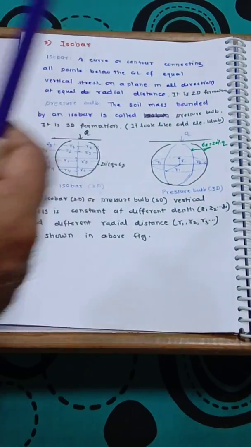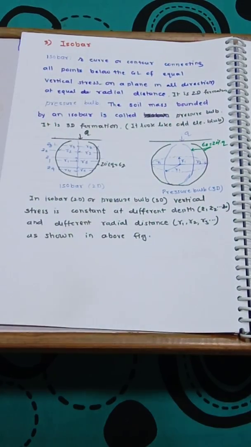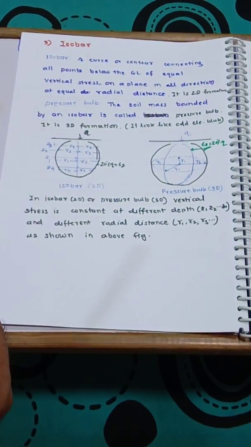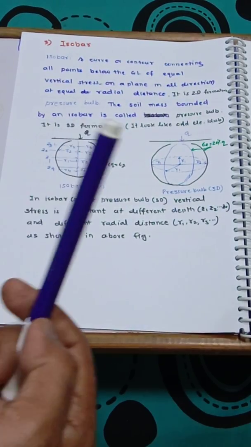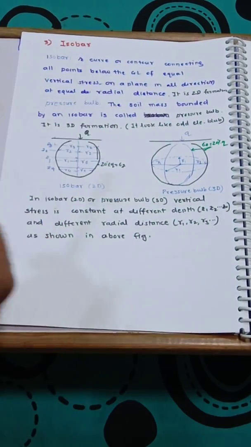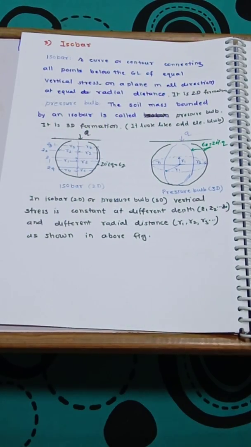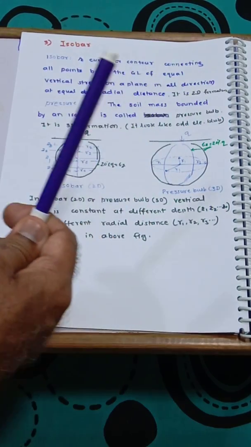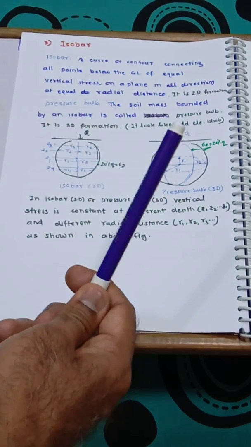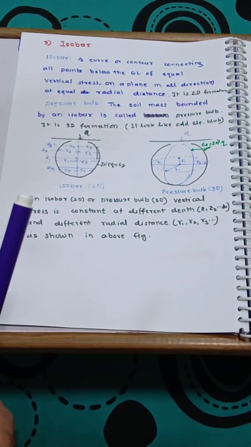So imagine there is a circle which is parallel to the ground surface, suppose at a distance Z. At a particular radius, suppose the stress is constant, then I'll find out the radial distance R. All the points on the perimeter of this circle represent the stress sigma Z, which is constant at a particular depth.